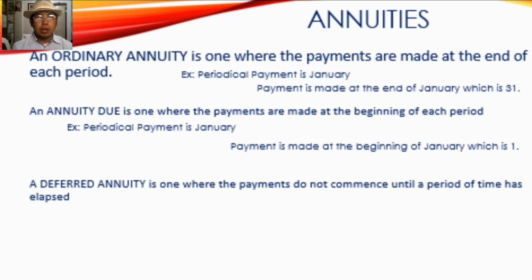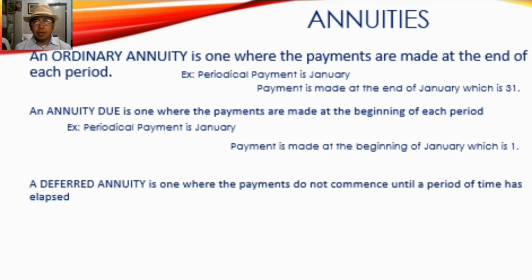So meaning, when we say deferred annuity, shall we say you made a loan and today is February. You might be expecting that if your loan was released this February, your amortization will start by the next month, shall we say March.